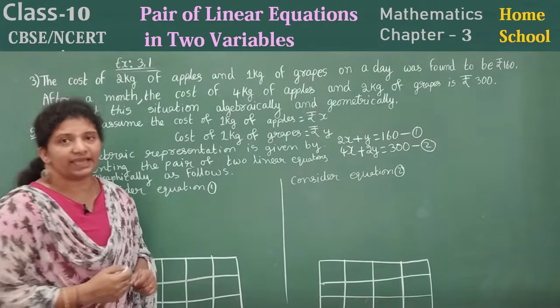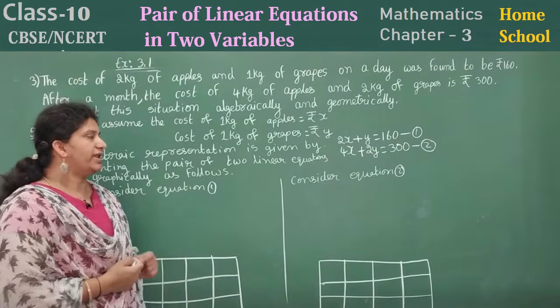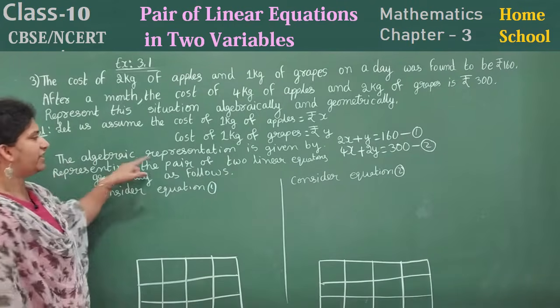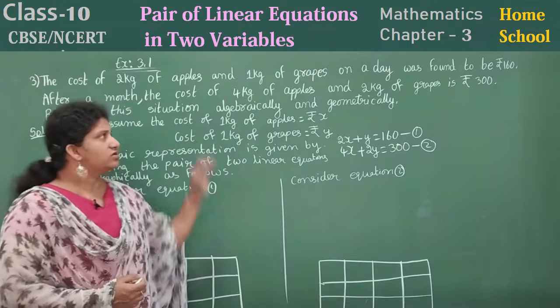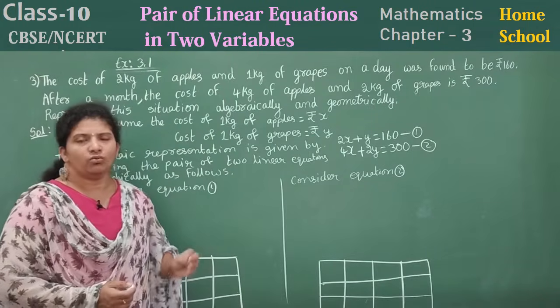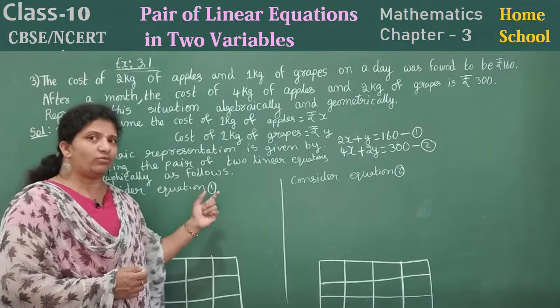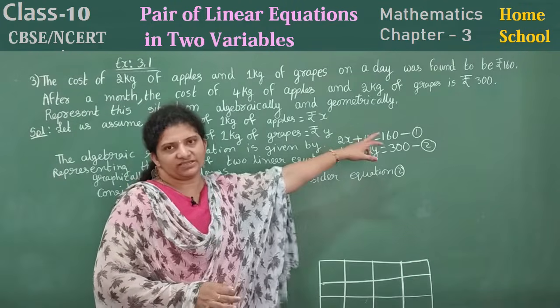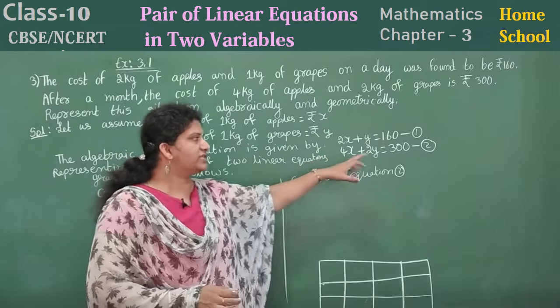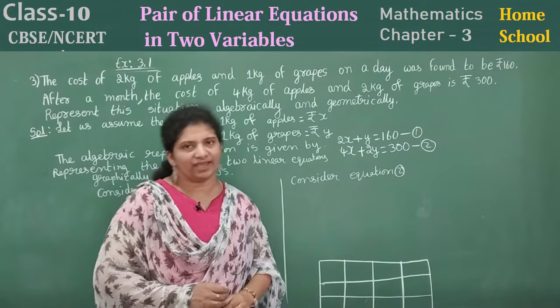That is your second equation. So now look here, the algebraic representation is given by those two equations. Nothing is given directly in the question. What you need to do is read the question and convert it into equations. 2x plus y is equal to 160 and 4x plus 2y is equal to 300.